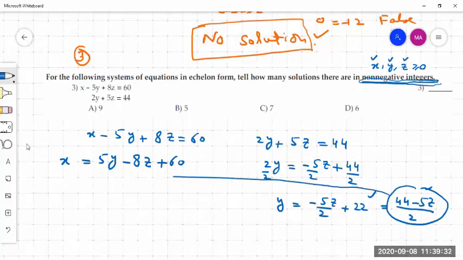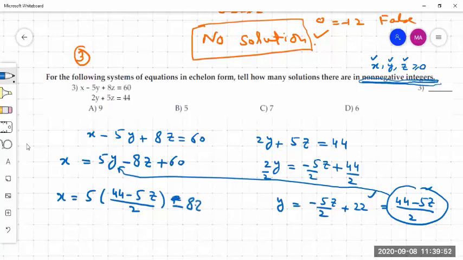So your x would be 5 times 44 minus 5z divided by 2, and then minus 8z plus 60.